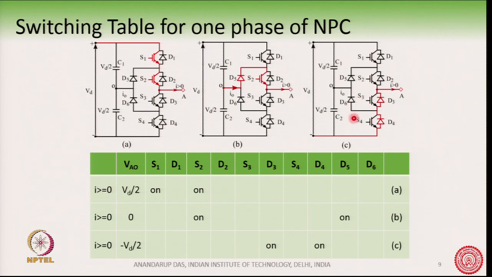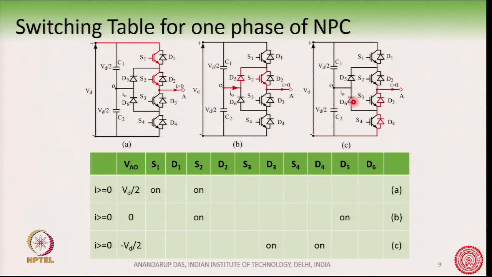If we give pulses to S3 and S4, then the two diodes D3 and D4 will start to conduct here, because the current direction is as shown. The direction of the current is actually controlling which devices are turning on at a particular instant.